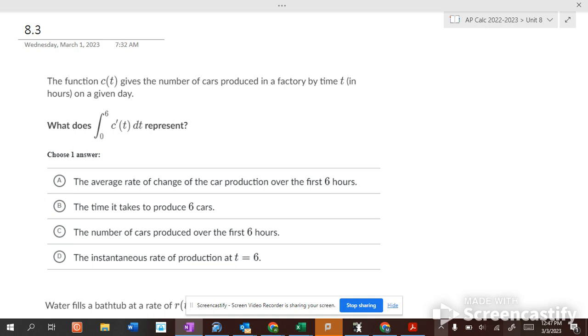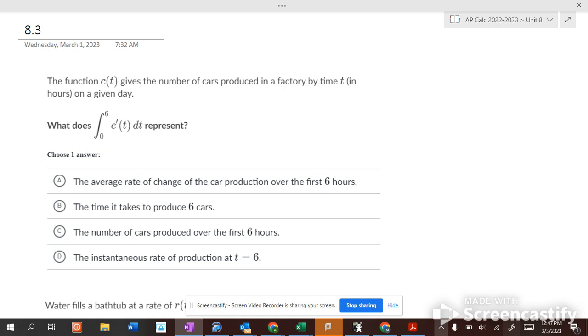Because x is time, this says from 0 to 6 hours, how many cars are produced. It's not the time it takes to produce cars. It's not the average rate of change, because the average rate of change would be the integral divided by 6 minus 0, because that's what we did last time.